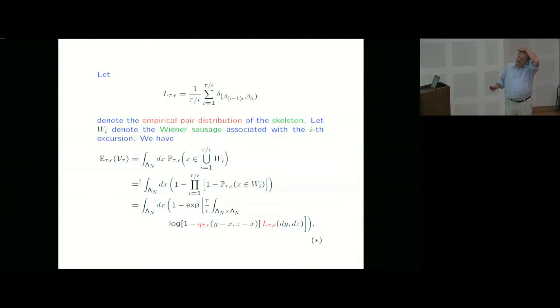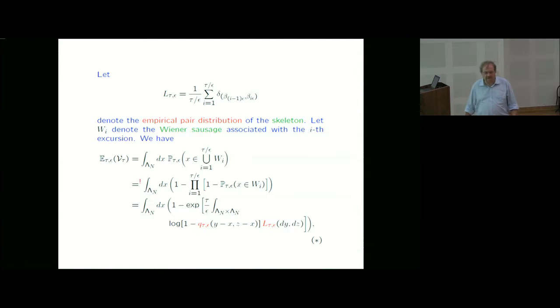And what I then get is an empirical distribution that simply keeps track of the frequencies at which I see certain pairs of points that are the beginning and the ending of an excursion. That's what we call an empirical pair distribution of the skeleton. This is an object that lives in the space of probability distributions on lambda n cross lambda n.